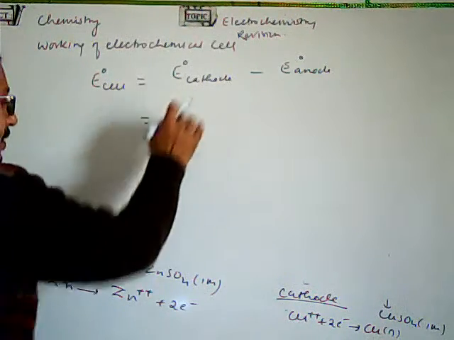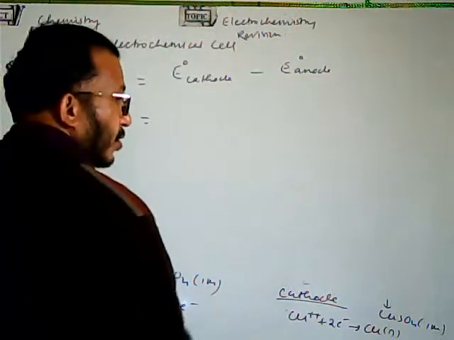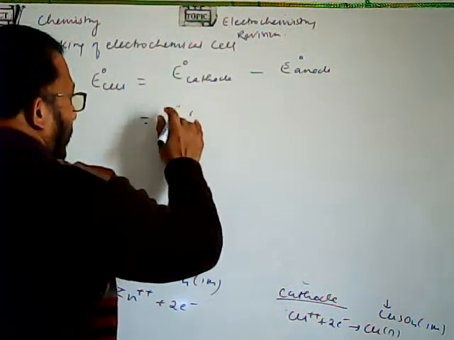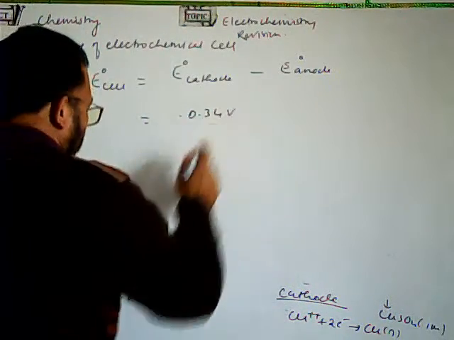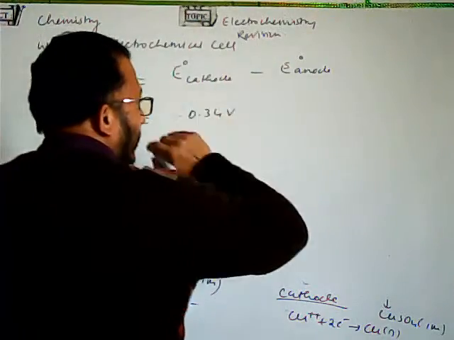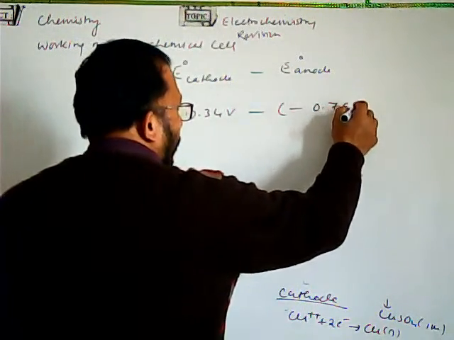So here, what is the E cathode? Cathode is your copper, it is plus 0.34 volt, and then the standard reduction potential for zinc is minus 0.76 volt.